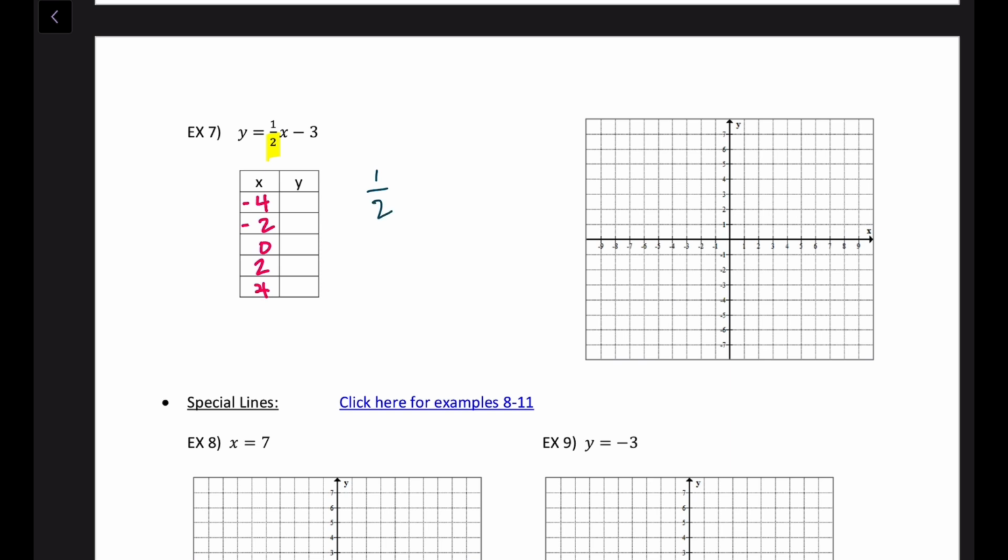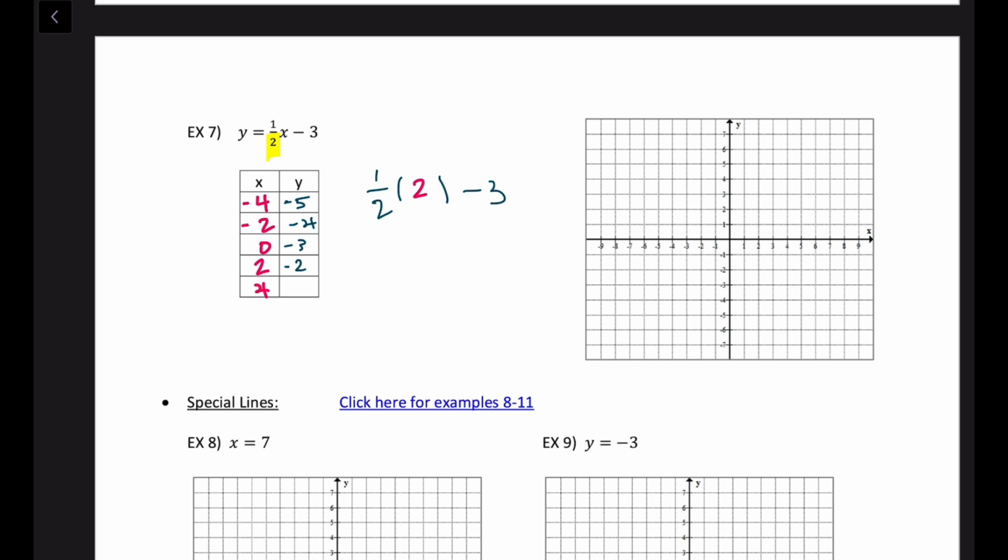And then we will have our table where first we'll put in a -4, and that will give us -5. Then we'll put in our -2, and that will get us a -4. We'll put in 0, but that just gives us our -3. We'll put in 2, and that gets us a -2.